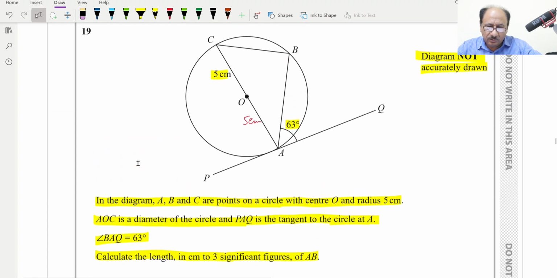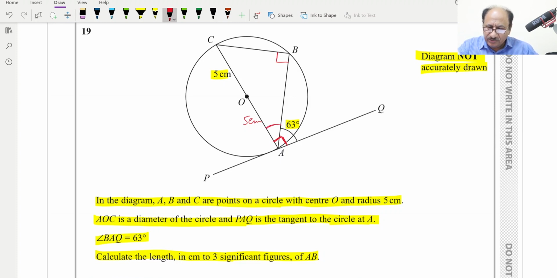We know this is a right angled triangle because the angle in a semicircle is always right angled, and this is tangent, it is provided, so this will be 90 degrees, and the remaining angle we can find.